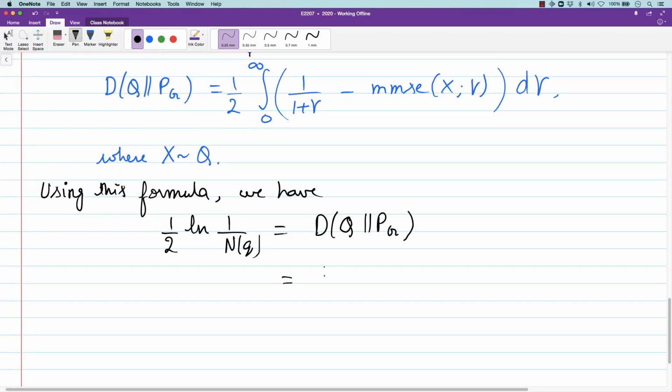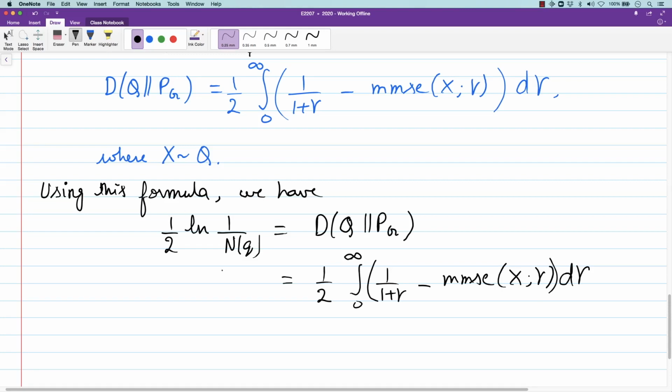But this is equal to half integral from 0 to infinity of 1 by 1 plus gamma minus MMSE(X, gamma) d gamma. Okay.